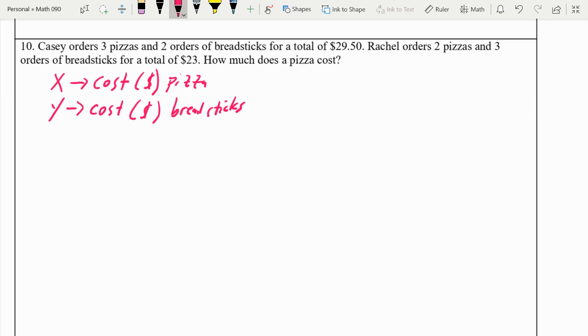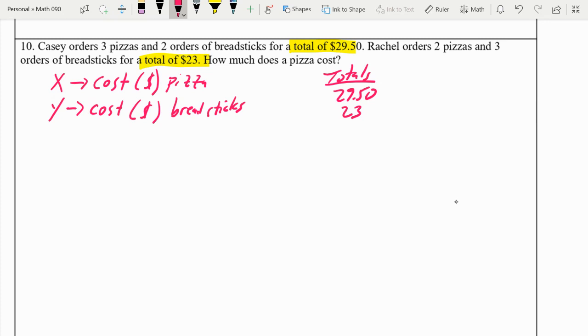Any totals? Yes, there are our totals: $29.50 and $23. So equation one. What was ordered?